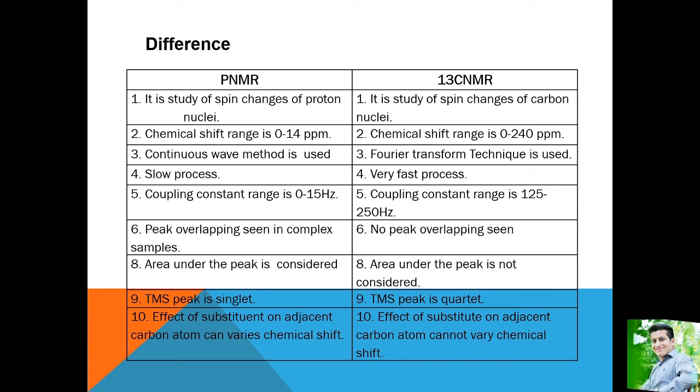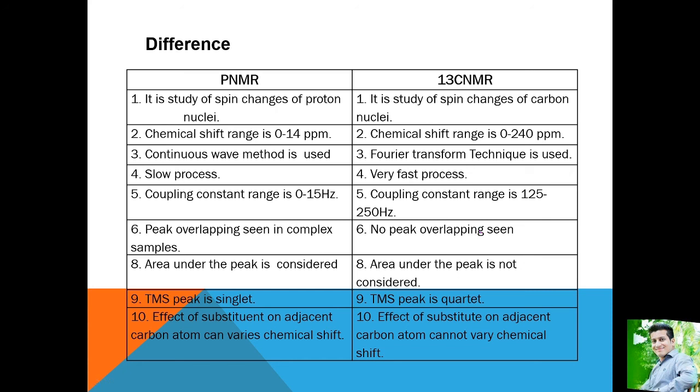Peak overlapping is complex in PMR samples, while no overlapping is seen in 13C NMR. Due to the small range, peak overlapping appears, and due to the wide range of frequency, there is no overlap in 13C spectra.